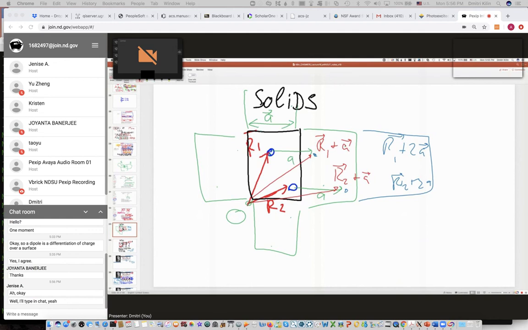Who will type a definition of what a solid is, just in an informal way? Kristen, I see your microphone is unmuted. Do you have a comment, question, or definition of a solid?